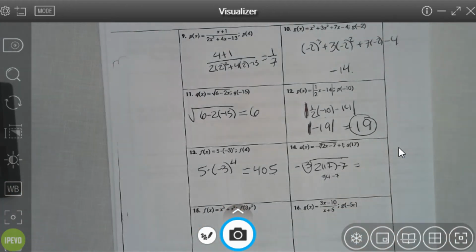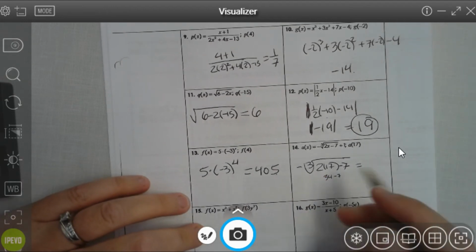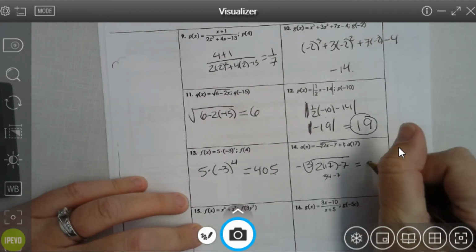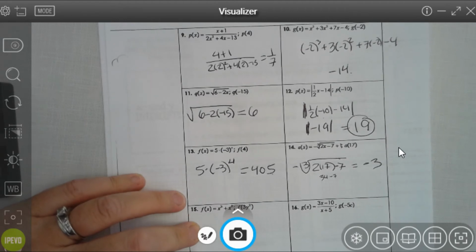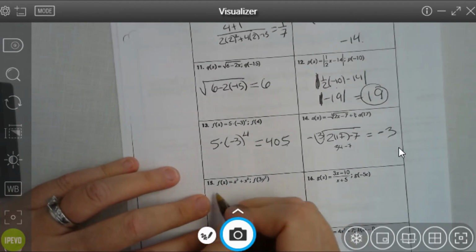Hold on one second. I think the answer key has this one incorrect. Let's see. Sorry, guys. Minus 7. Yes, this is 27 in here. So the cube root of 27 should be -3. Sorry.